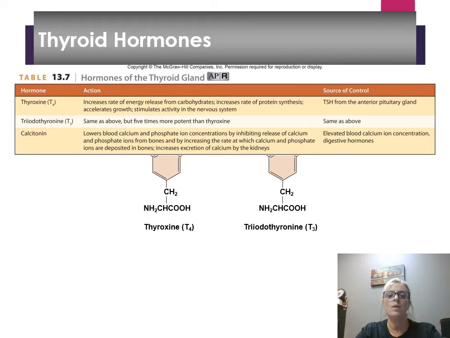Thyroid hormones are directly tied to our metabolism. T3 and T4 affect those metabolic rates. These help regulate metabolism of carbohydrates, lipids, and proteins. They help increase the rate of energy released from carbohydrates, the rate of protein synthesis, and the breakdown of lipids.